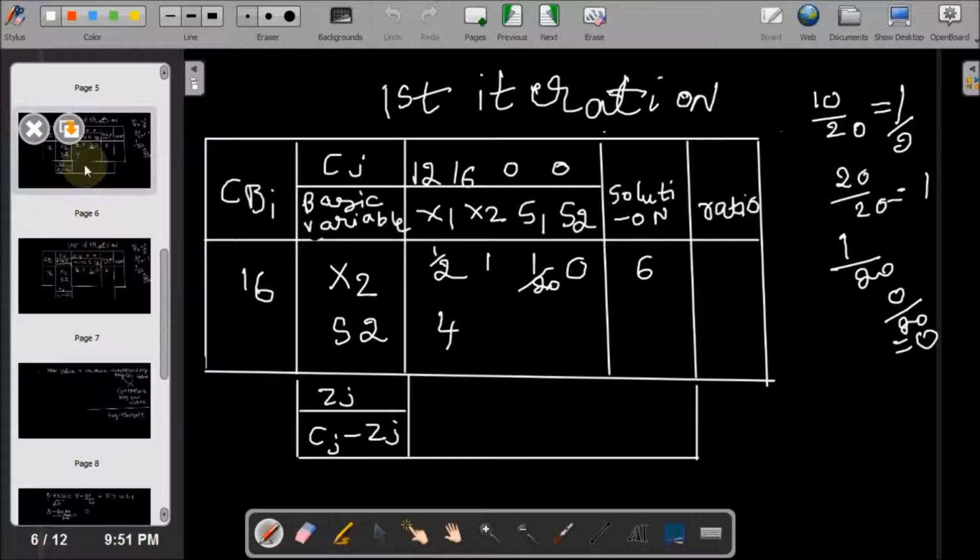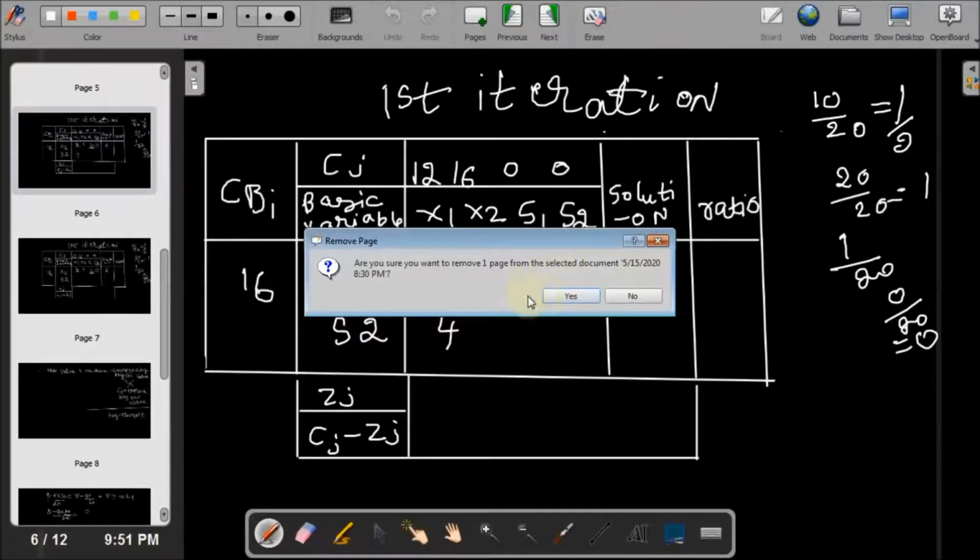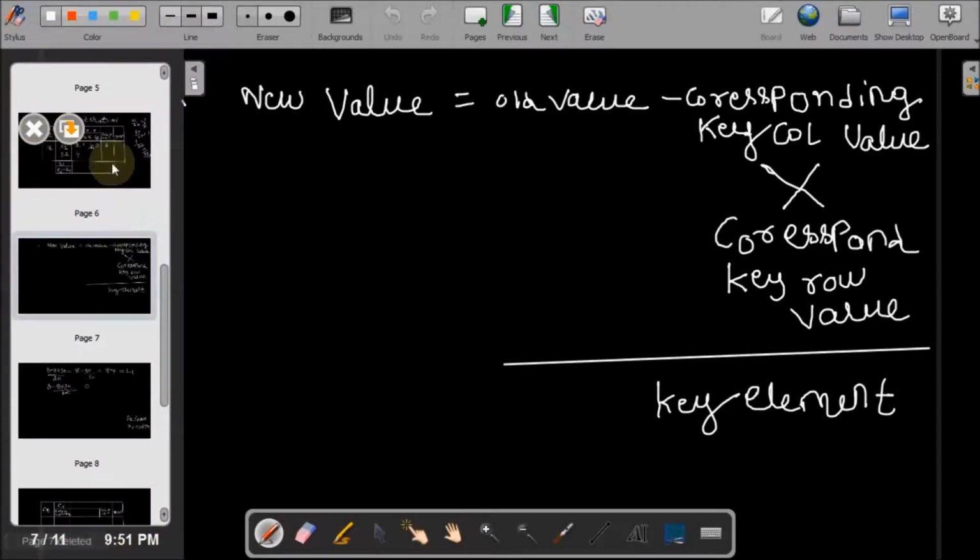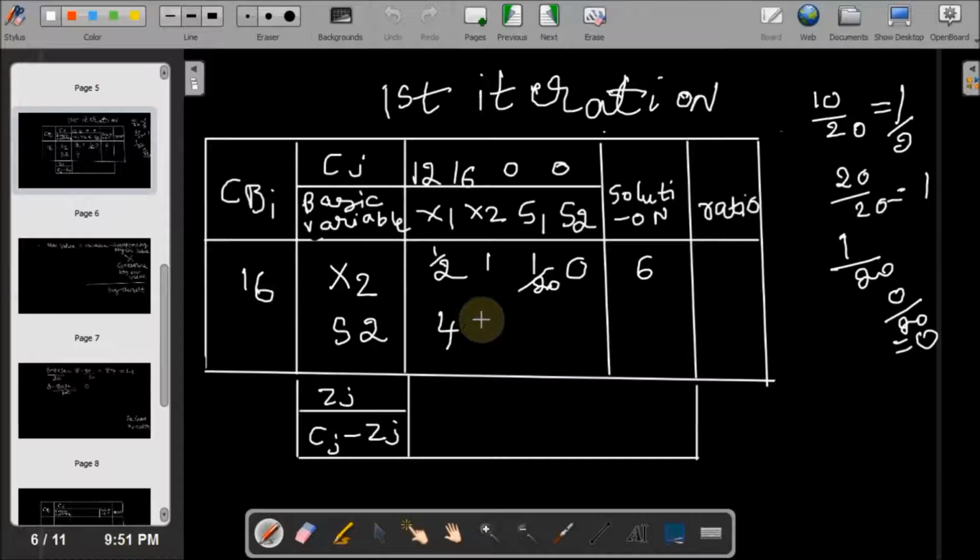Sorry for that. So now what is the second value? 0. Getting, guys? How I found out? You know that, right? Now next.